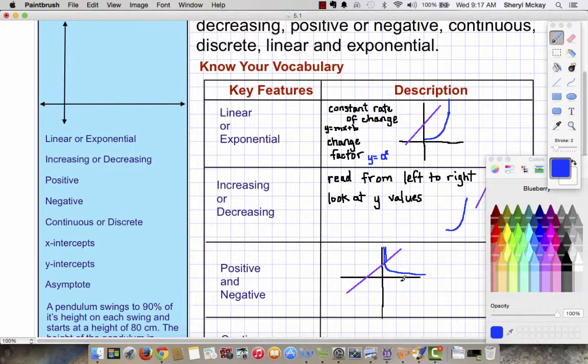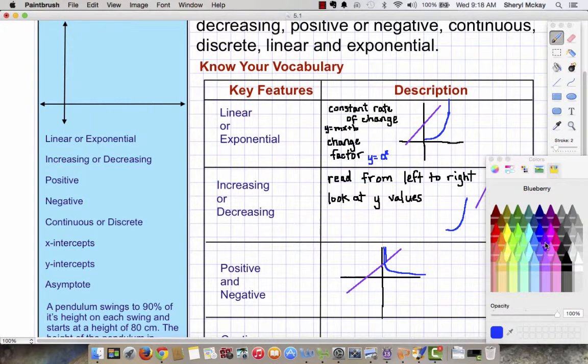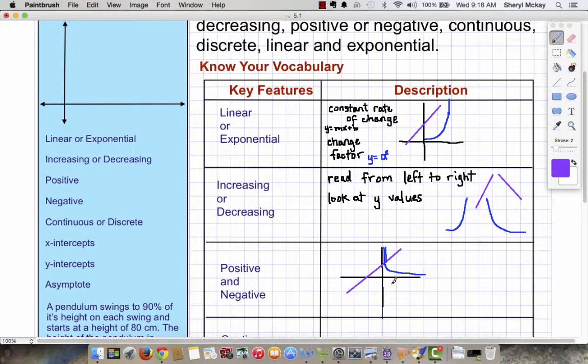All right, now what we're going to look at is, where are the y values positive on our linear function?